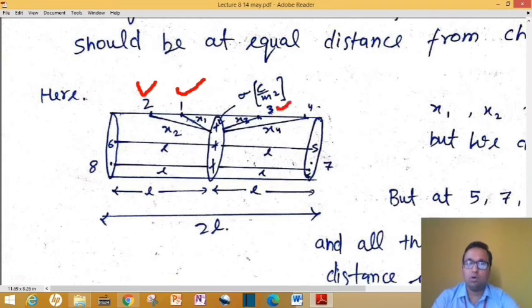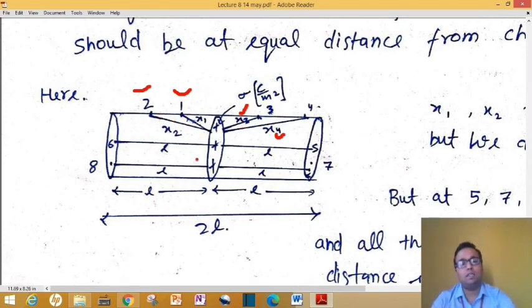This point 3 is also located somewhere here, and this 4 is also located here. If I say that this point 1 has a distance x1, this point 2 has a distance x2, this point 3 has a distance x3, and this point 4 has a distance x4 from this charge, then why are we saying that this geometry is a Gaussian surface?